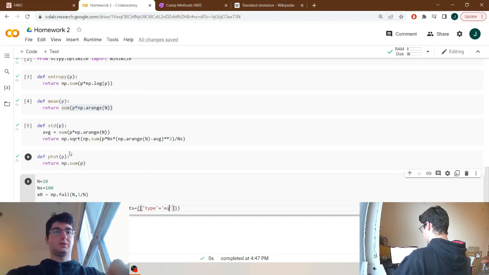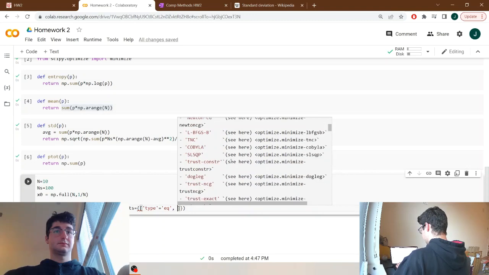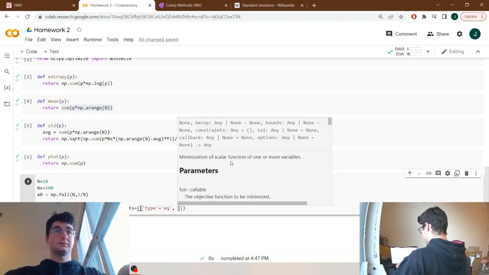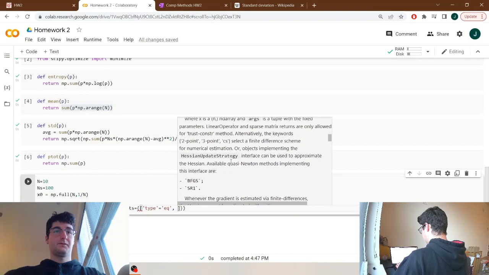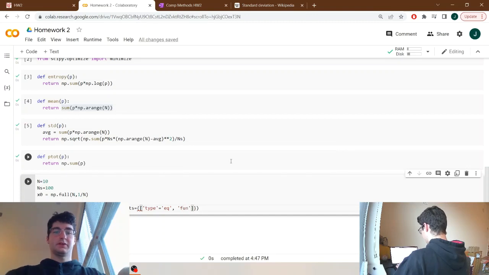We want equality. That's handy. Where were we? Then we need to give it the function. And the first constraint is the mean.